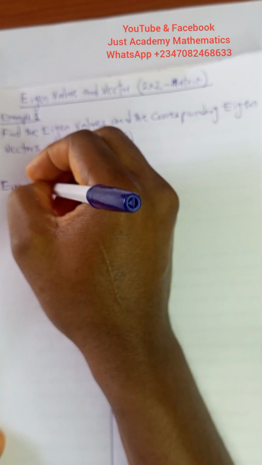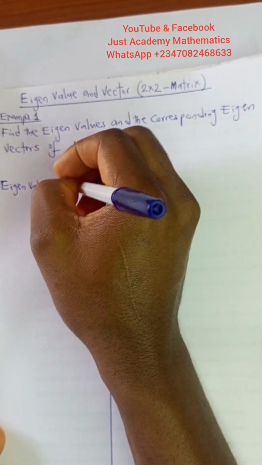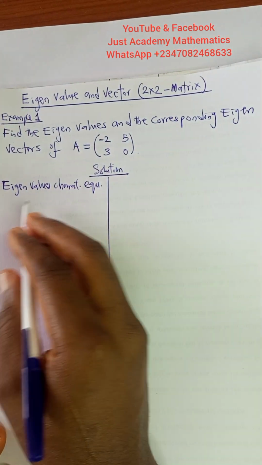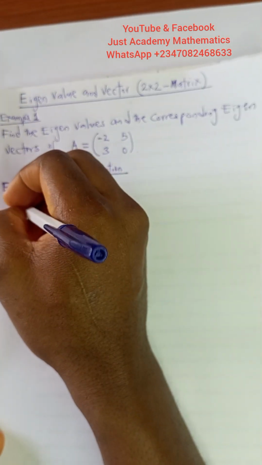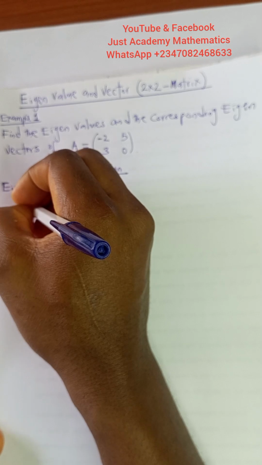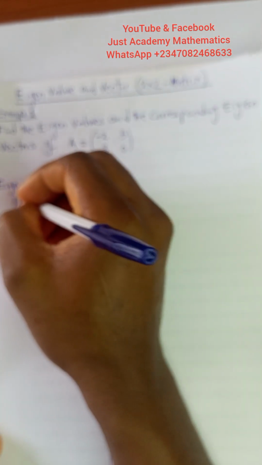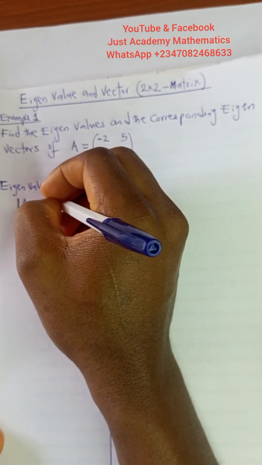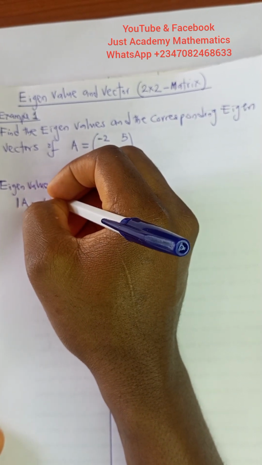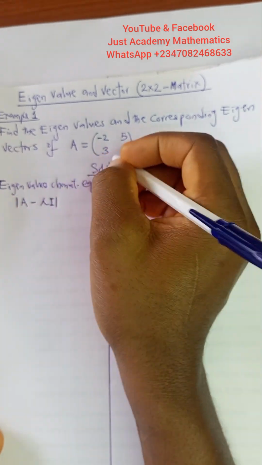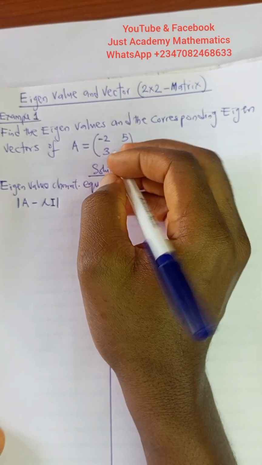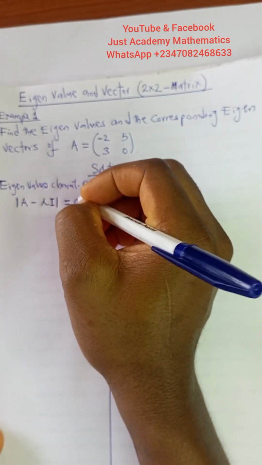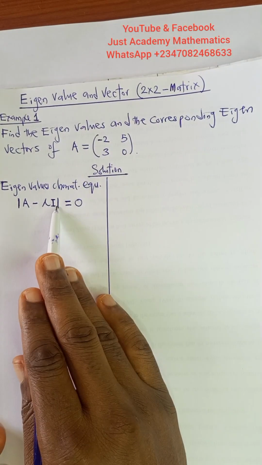This eigenvalue characteristics equation is given as the absolute value of matrix A minus the eigenvalue representative, which is lambda in this case, times the 2x2 identity, equals 0.